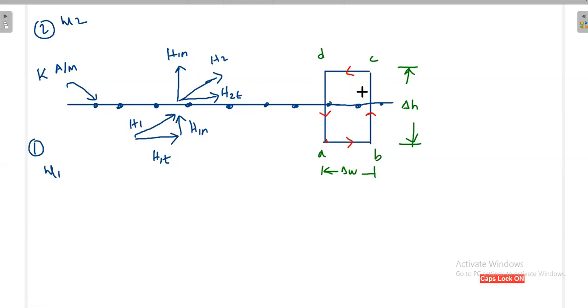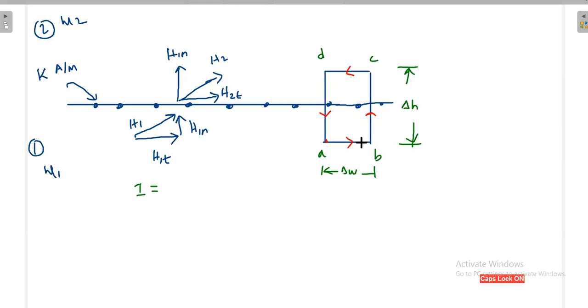You have chosen some closed line that forms a surface. The current is flowing perpendicular to the surface. Then the current enclosed by that surface, I, is equal to the current density into this length, because if you have more del W, you will have more current.